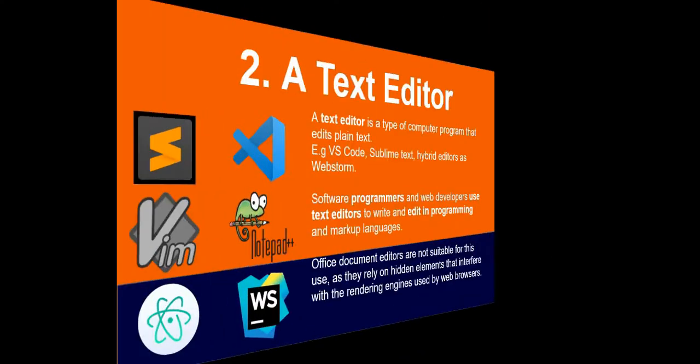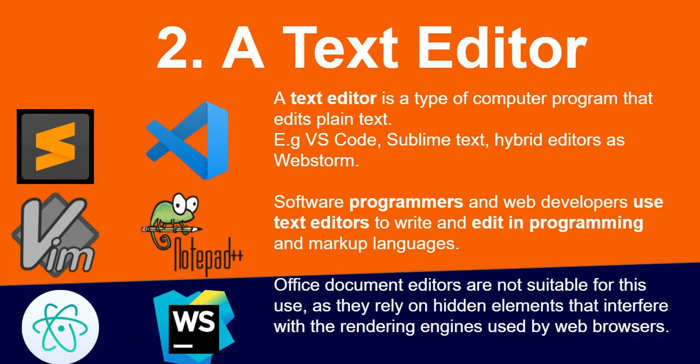Now number 2 is you need a text editor. Now text editors, this is what help us to write the programs as plain text. Also, web developers use this to write and edit in programming and markup languages. Office editors are not suitable for this use because they rely on hidden elements that interfere with rendering engines used by web browsers.